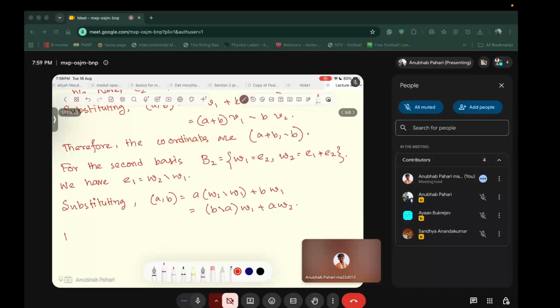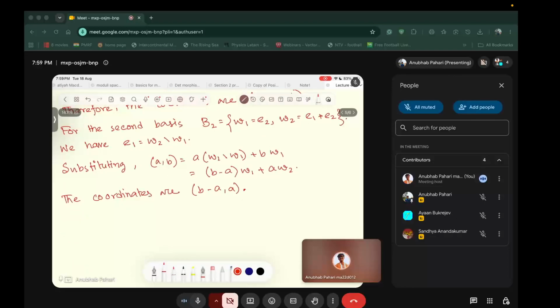So the coordinates are (b minus a, a). So our sum is done.